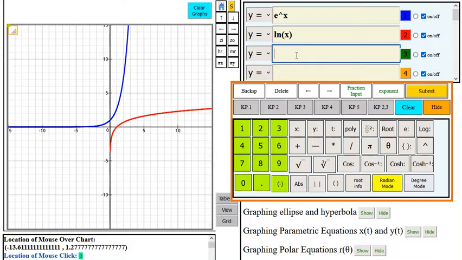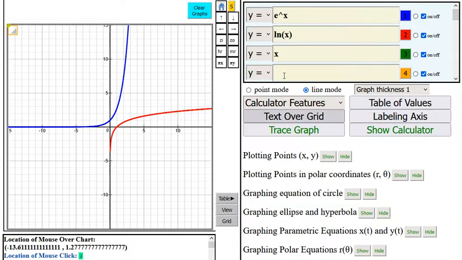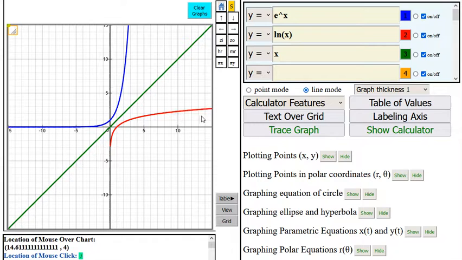And if we draw what's called the diagonal line right in the middle, then what we see is that the inverse function of the natural log function is the function e to the x, and vice versa. And the inverse of the function y equal to e to the x is the function y equal to the ln of x.